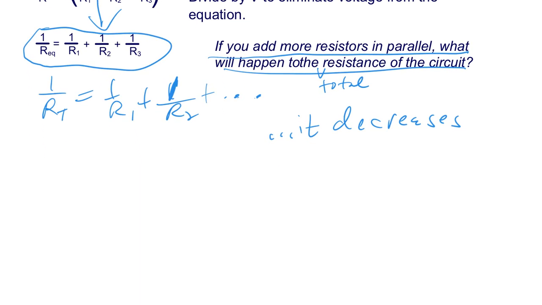So let's just do that. Let's say R1 equals 2 ohms. Let's say all of them are equal. R2 equals 2 ohms. R3 equals 2 ohms. And then I go add R4 to it.